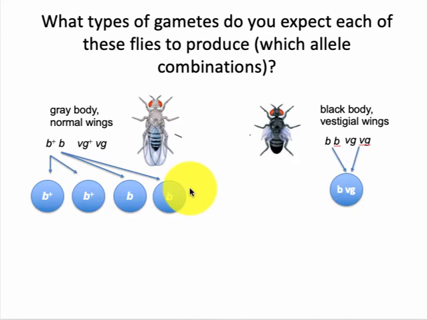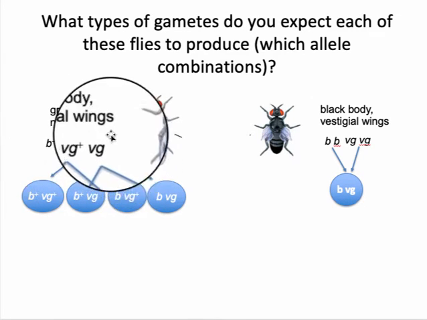For the heterozygous parent, it gets a little bit more interesting because it has 2 versions for each gene. So this fly here can produce 4 different types of gametes. Some of those gametes will have the B plus allele, the dominant allele, and another set of gametes are going to have the B allele.